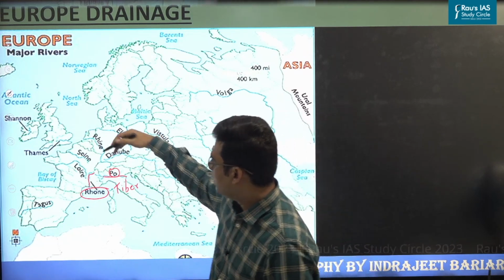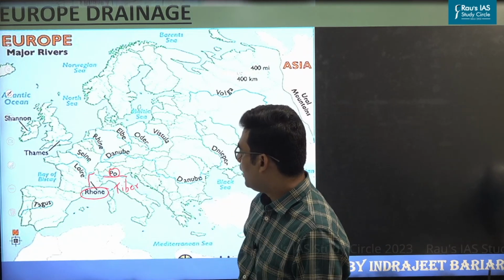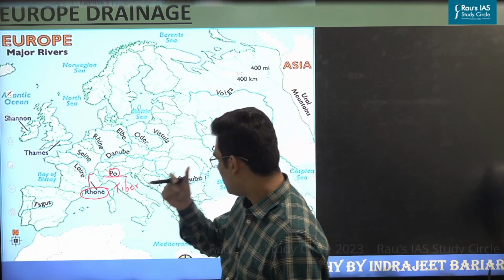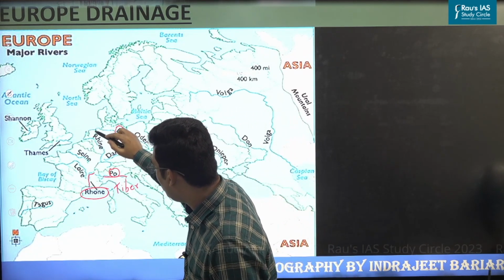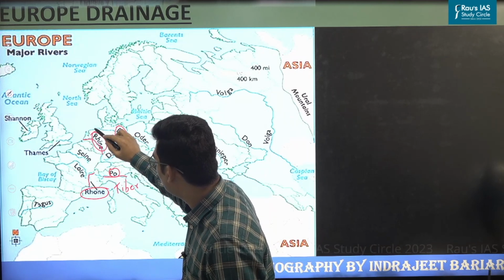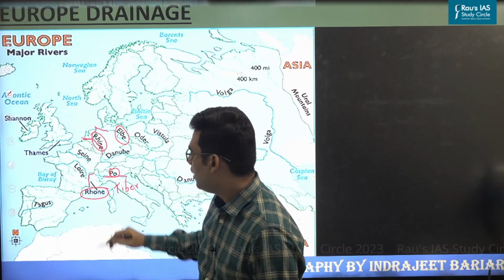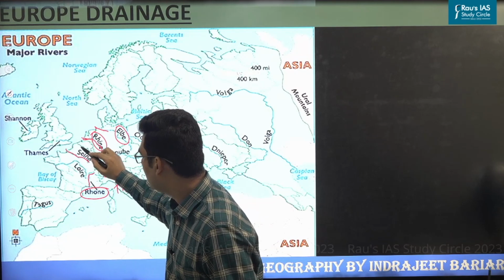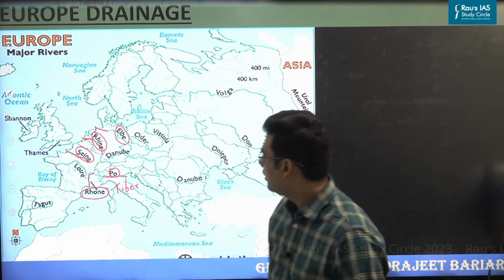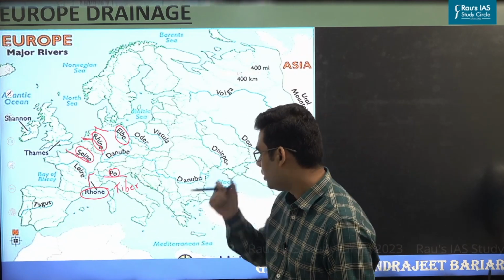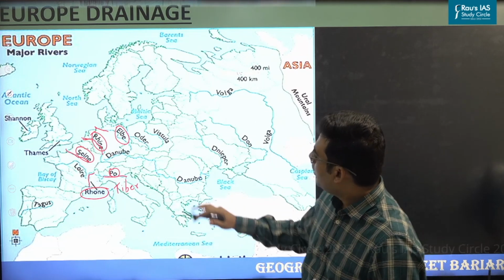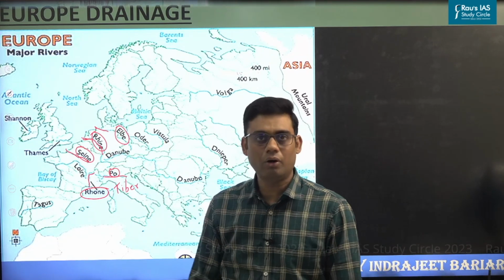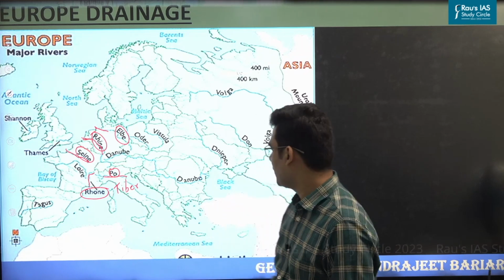Then in addition to that, the North Sea drainage. With respect to North Sea drainage, the important ones would be Elbe and Rhine, these two from Germany, and then you have Seine in France. These are the 3 most important rivers of the North Sea drainage.